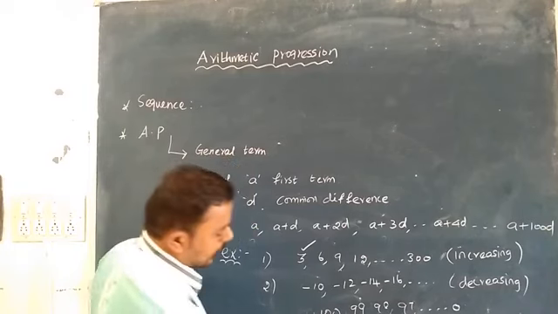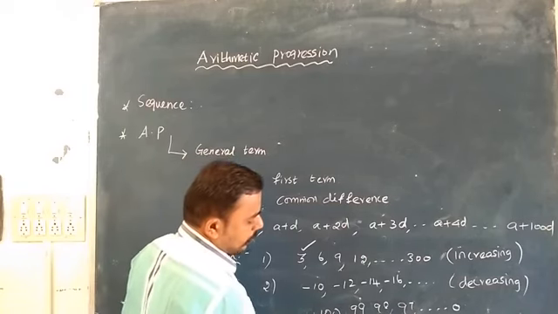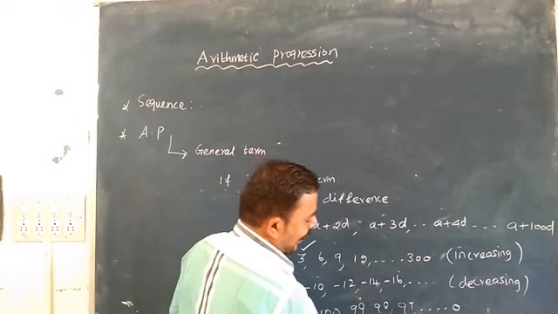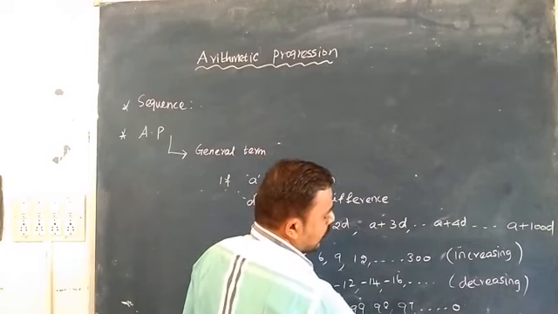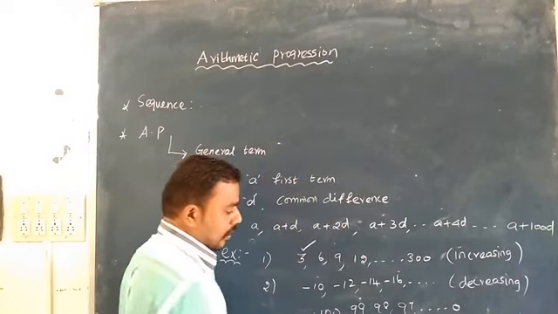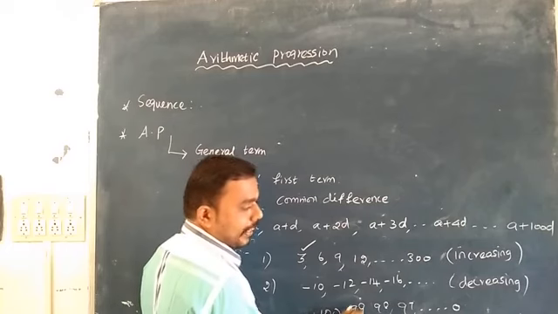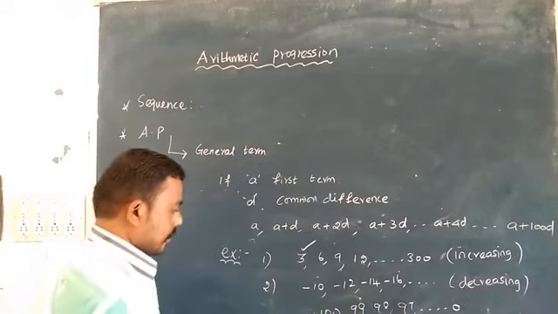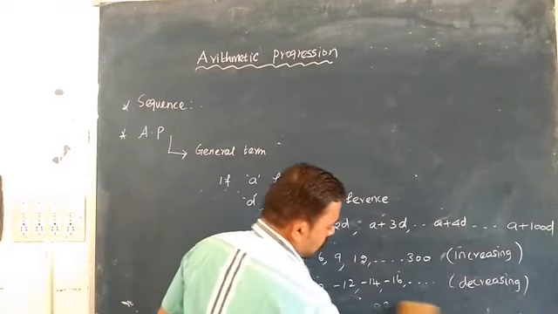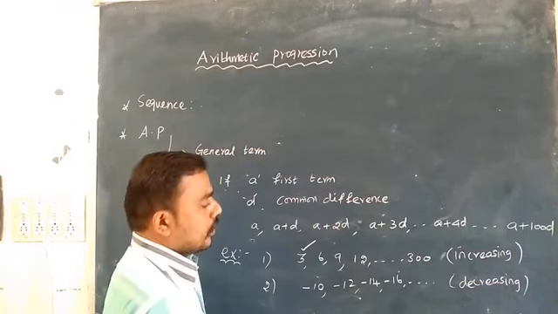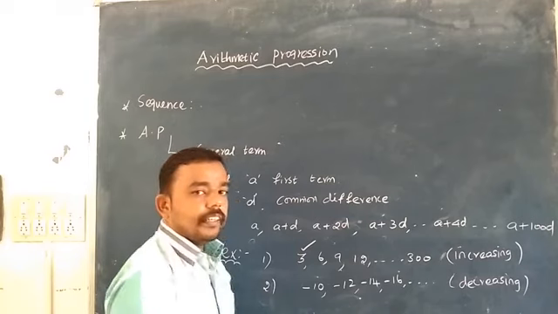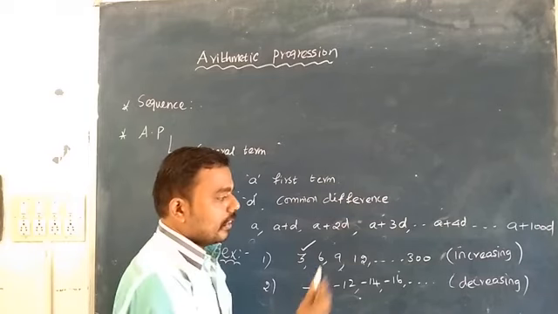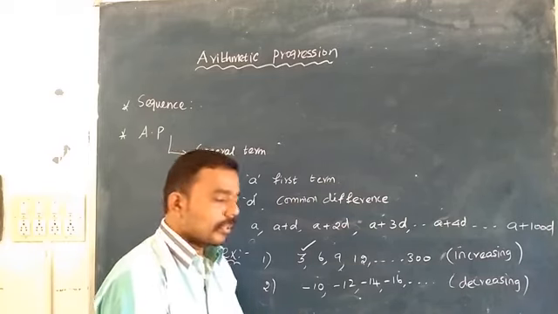Here A equals 100 and D equals 99 minus 100, that is minus 1. Similarly 98 minus 99 is minus 1. So this is also decreasing. Since D is positive, it is increasing; D is negative, so decreasing.